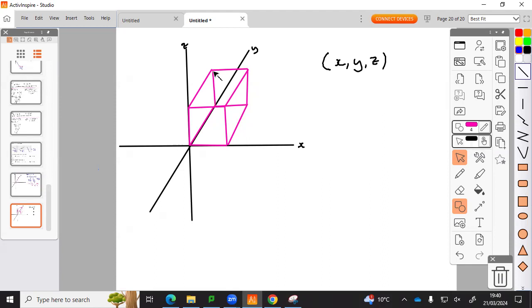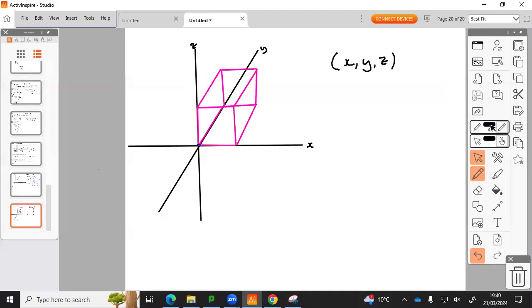Everyone sees that's like a cuboid. We've got corners, with one of the corners at the origin and one of the corners here. All those blue points are the corners of my cuboid. So you're looking at a 3D shape there.